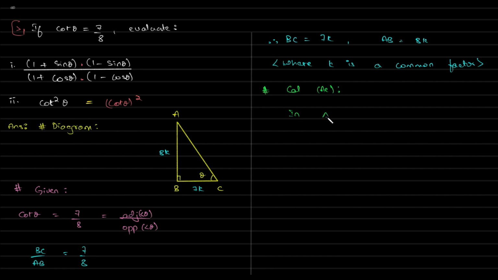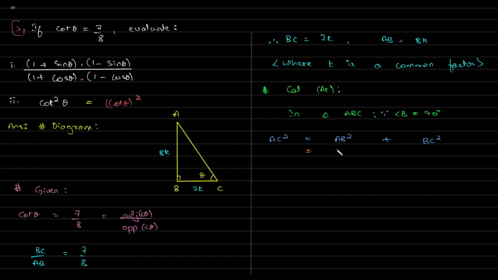In triangle ABC, as angle B is equal to 90 degrees, we have AC square is equal to AB square plus BC square. Again, the amount of working is left to the marks the question holds. If it's just a 2 marker, you can skip a lot of steps.